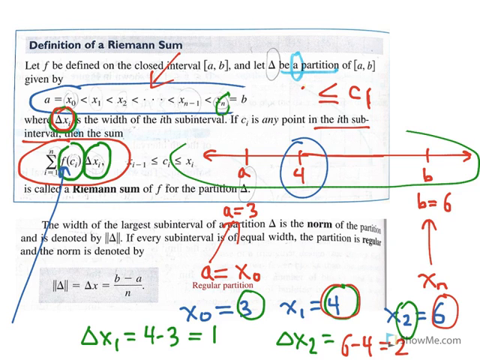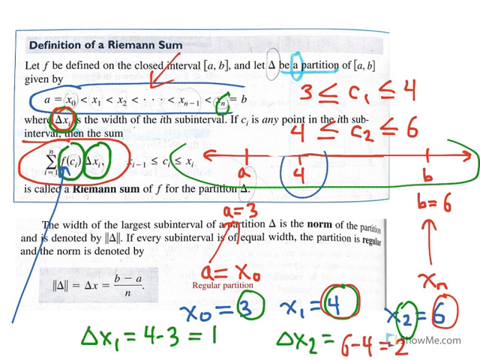So c sub 1 could be any value between 3 and 4. And then c sub 2, in my example here, could be any value between 4 and 6. So we have c sub 1 being an x value from the first subinterval, and c sub 2 being an x value from the second subinterval. So c sub i is any point in the ith subinterval.